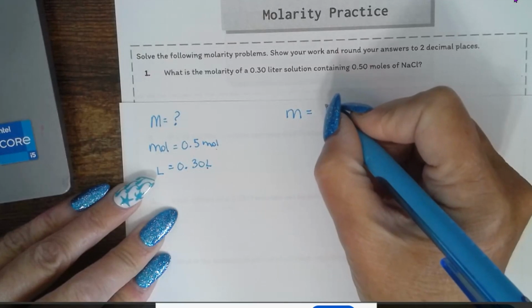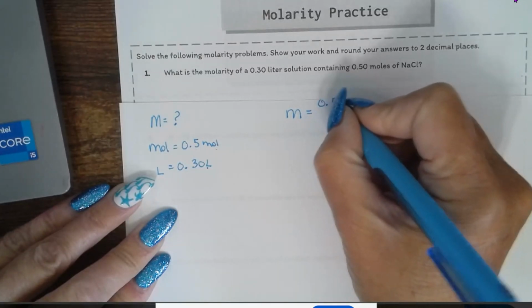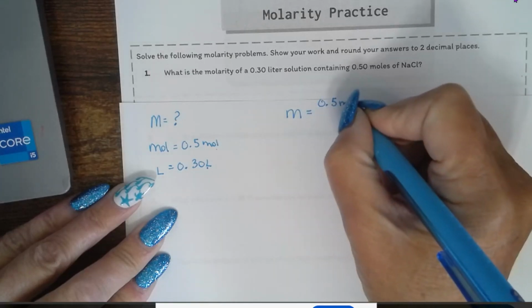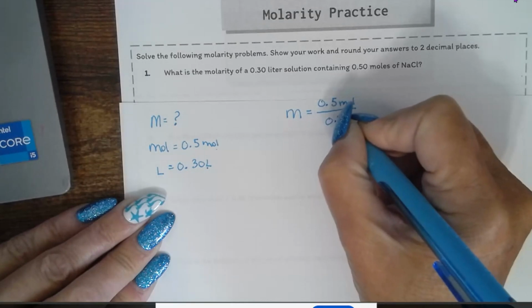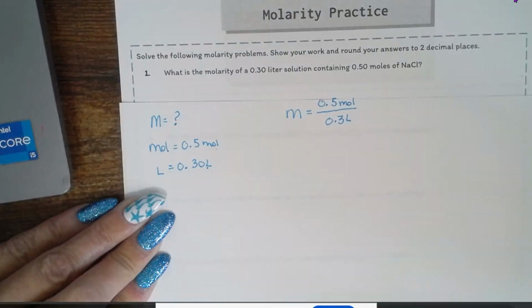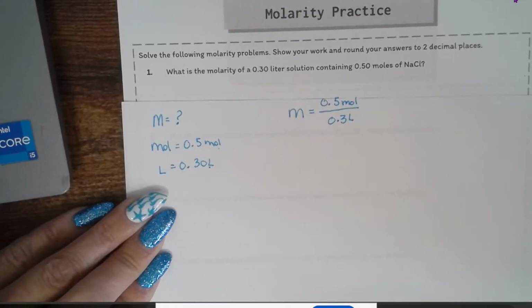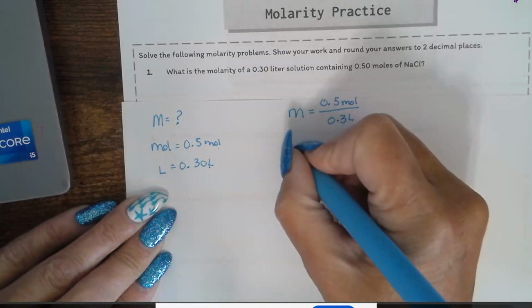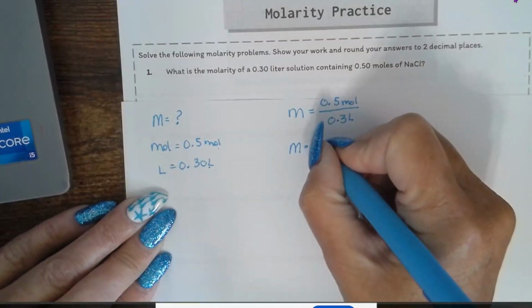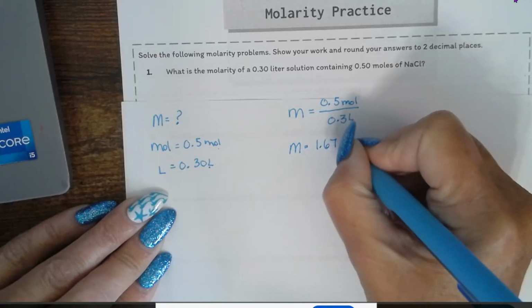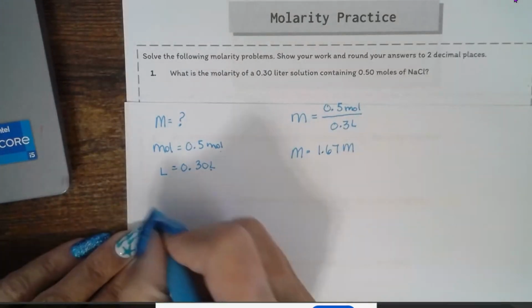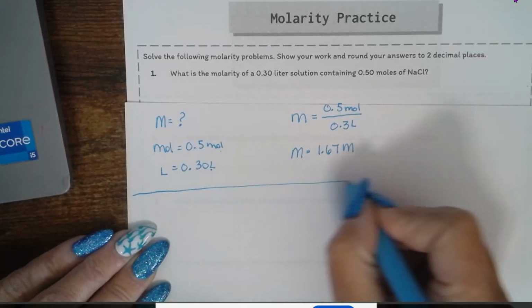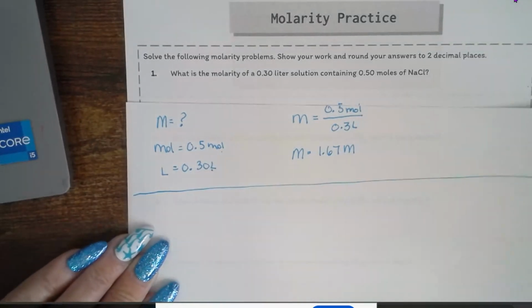Molarity, excuse me, is going to be equal to 0.5 moles divided by 0.3 liters. So if I do that math, I get the molarity is equal to 1.67 molar. Okay, so that one was kind of easy because it gave us all of the things that we needed.